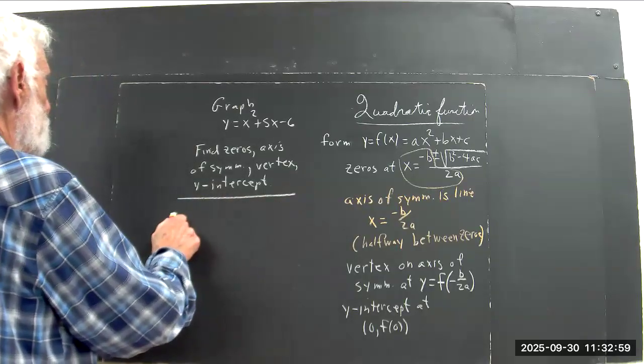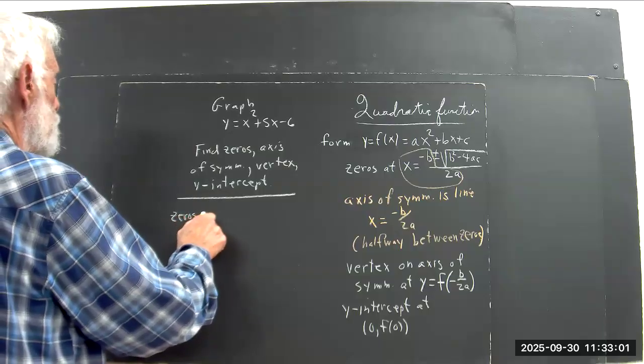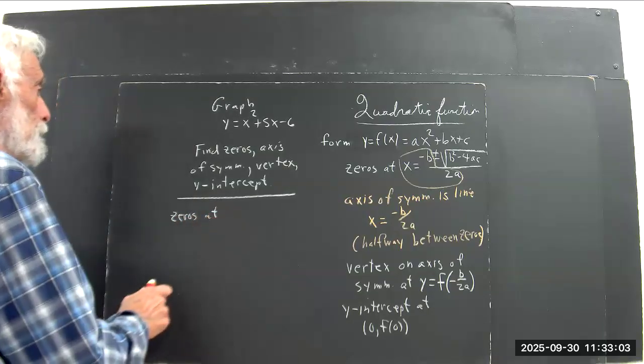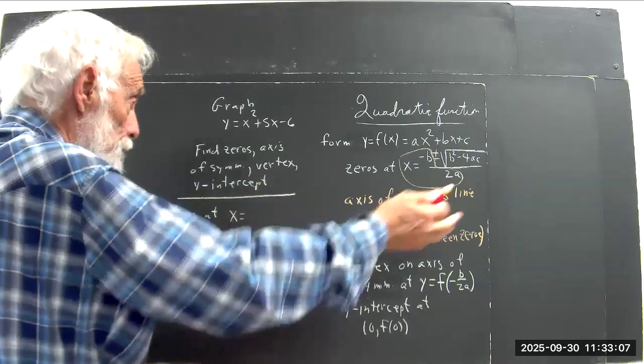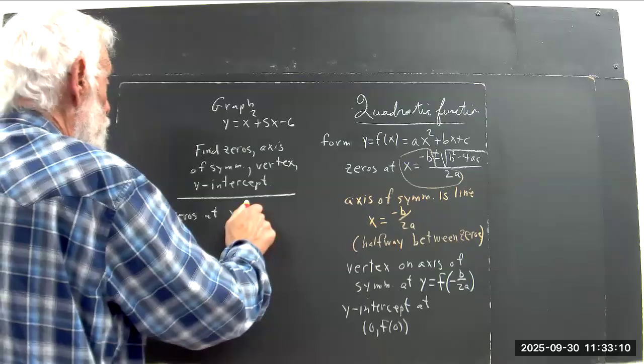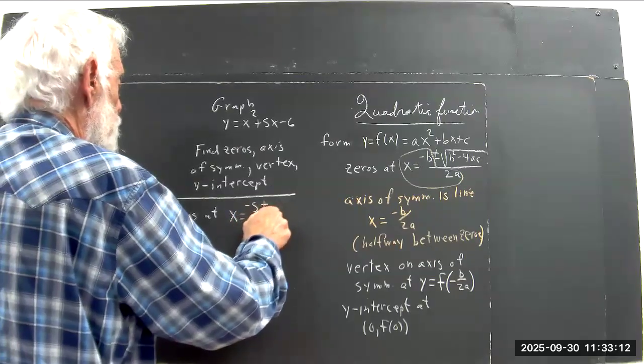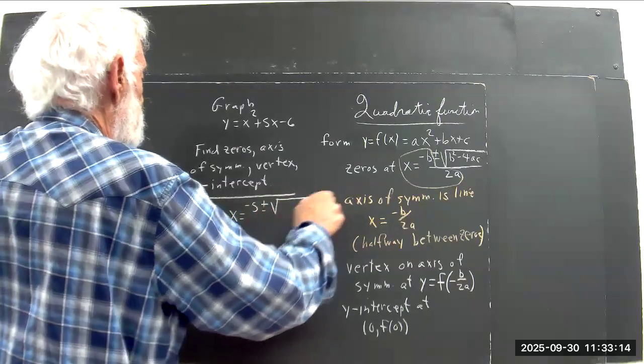So zeros at x equals, and everybody knows how to substitute here. B is 5.